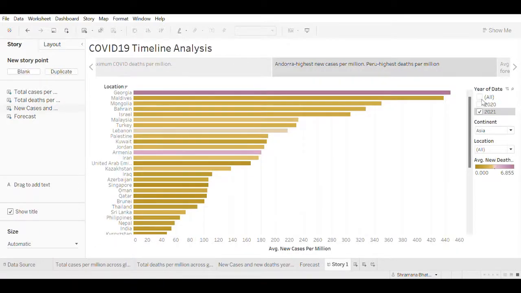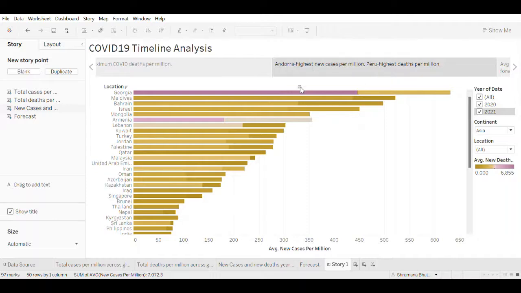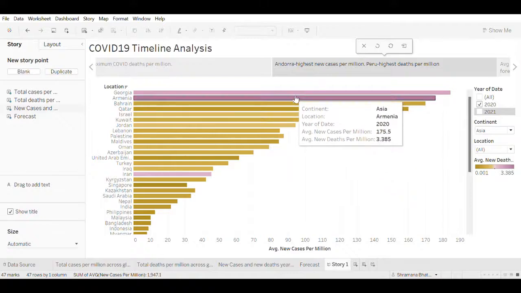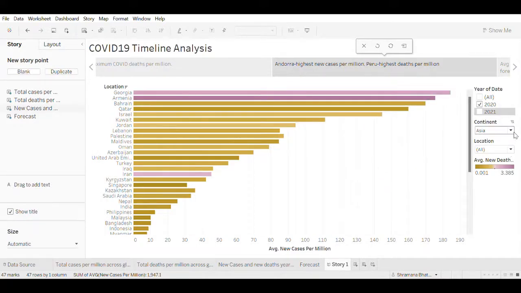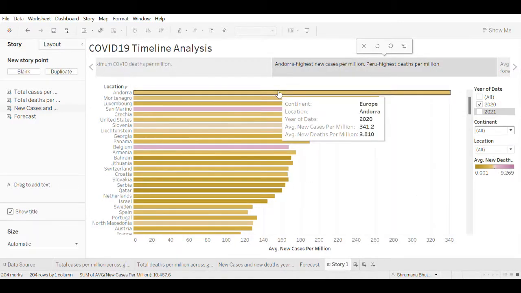Next part, here year-wise filtering can be done. I can check all of the years together, and also per year. Let's just check for 2020 and say for the continent Asia. You can see that Georgia is the highest. If I don't check it only for Asia, let's check for all. So for all, Andorra is the highest.